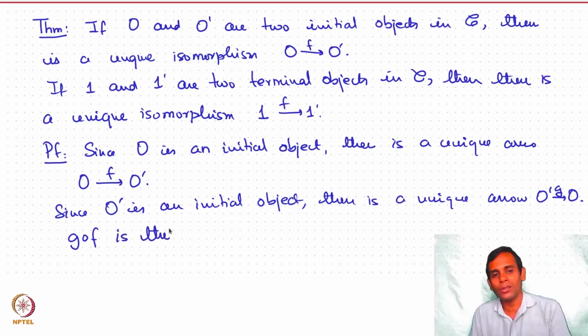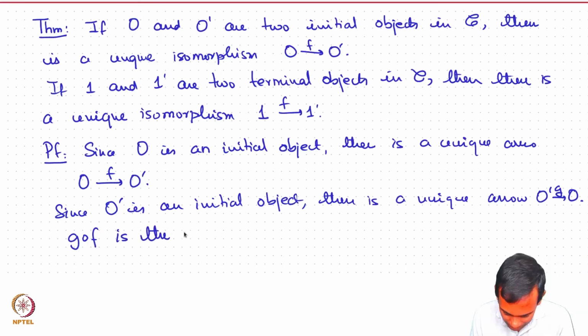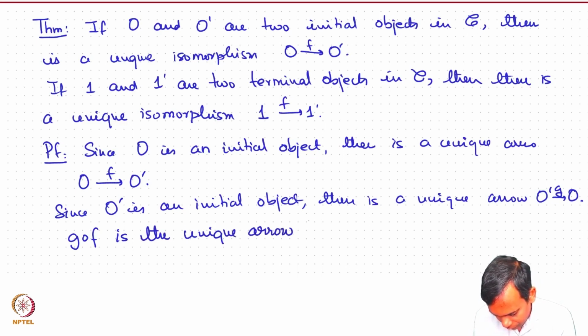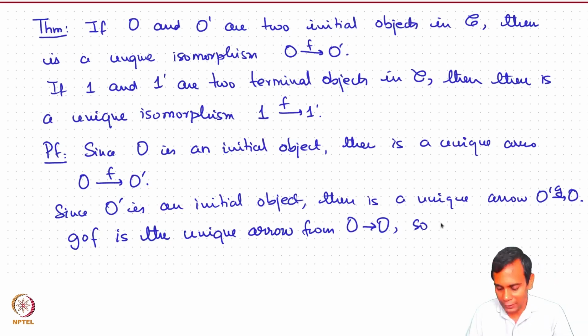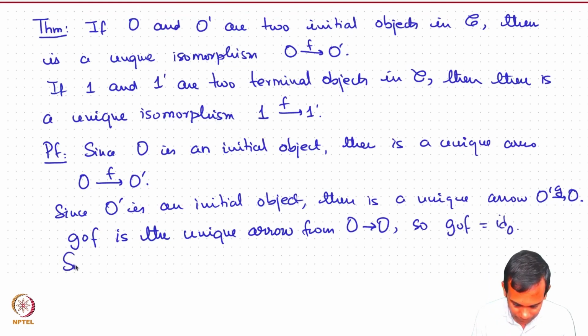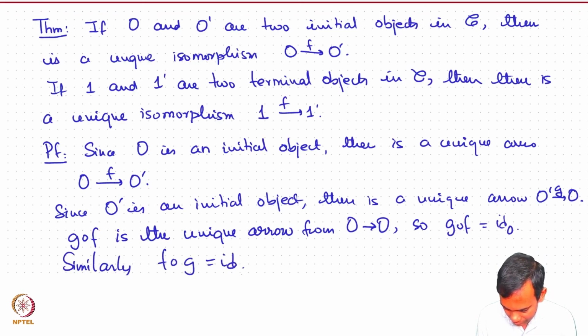There is a unique arrow from 0 to 0 just because 0 is an initial object. So this g circle f is the unique arrow from 0 to 0, and hence it has to be the identity of 0, because from 0 to 0 there must be an identity arrow. And similarly f circle g is the identity of 0 prime. Therefore g is the inverse of f and f is an isomorphism.